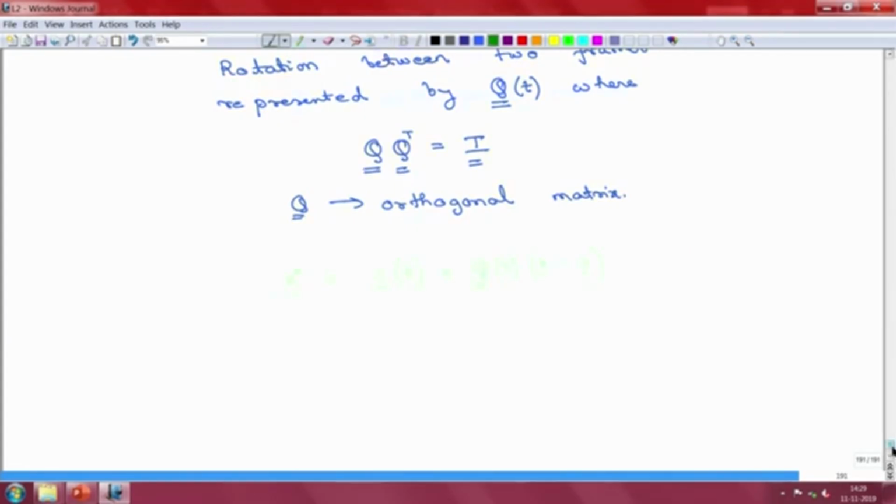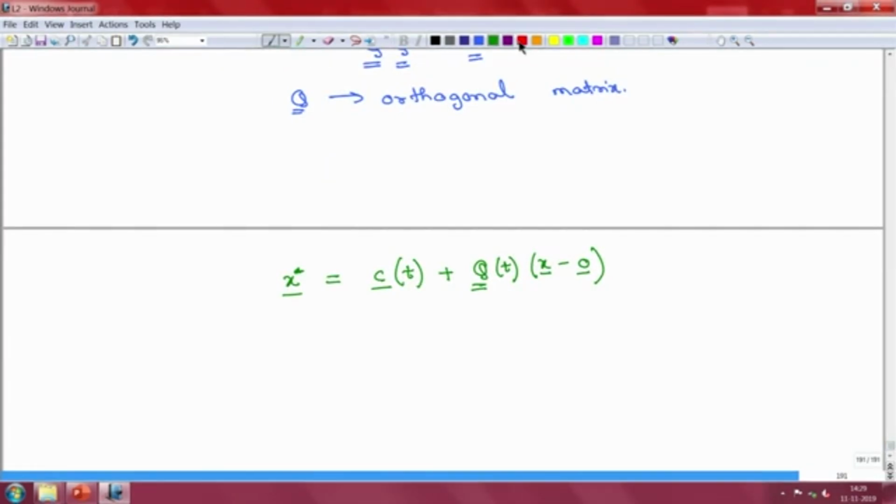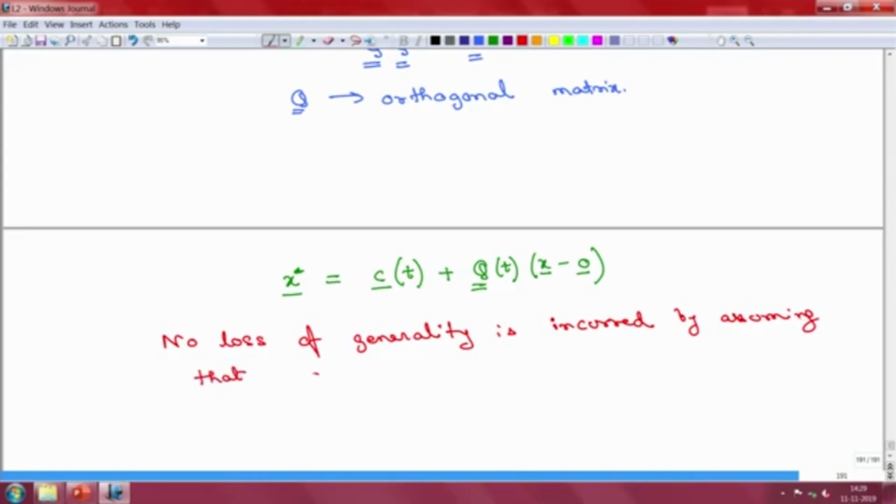And here no loss of generality is incurred, and I will just make a note here: no loss of generality is incurred by assuming that O is fixed. Okay.